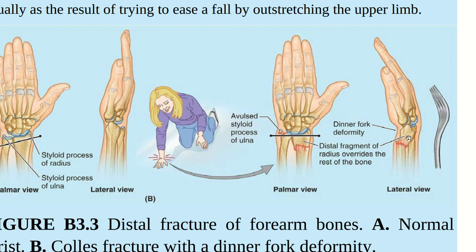The distal portion and the hand are going to move posteriorly and superiorly, forming this dinner fork deformity. So it's very important because it is the most common fracture of the forearm.